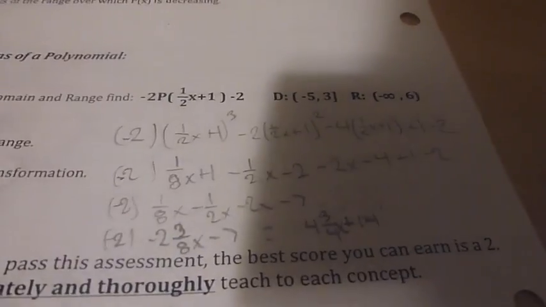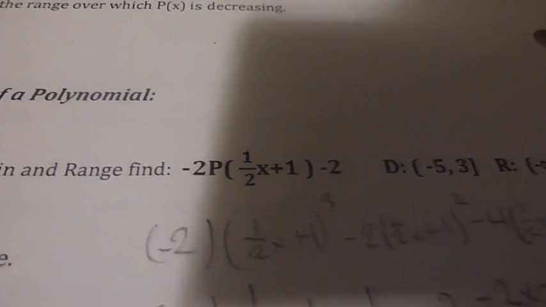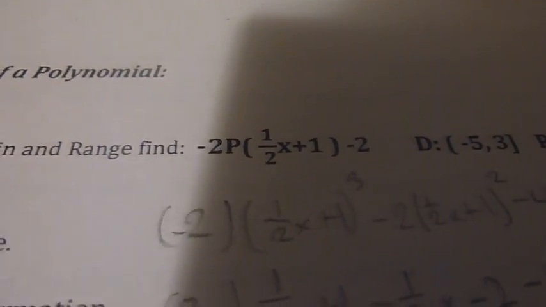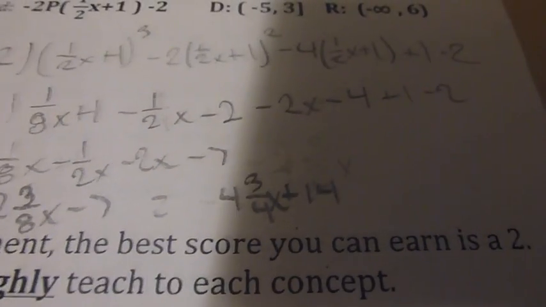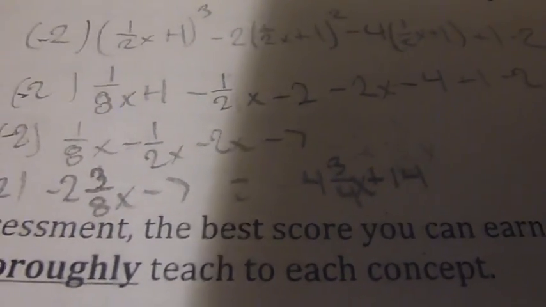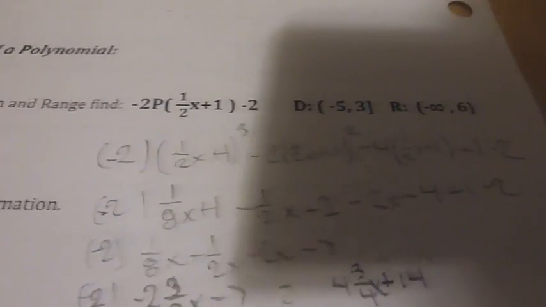Alright, now last problem. What I've done is plug in this new function into the original function given, and I've evaluated the problem, and I got 4.75x plus 14. From what it was previously, the new domain is negative infinity to infinity, and range is negative infinity to infinity.